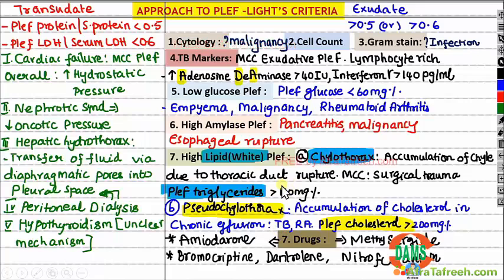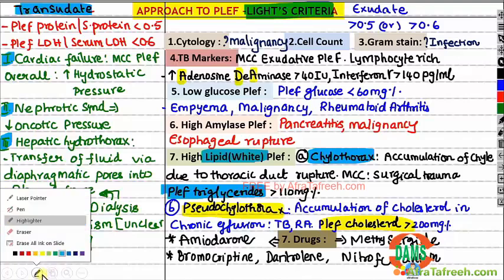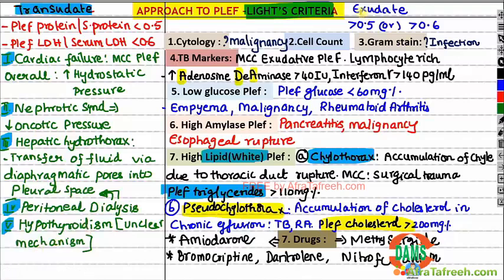So whenever they give you any pleural fluid analysis, first with the help of Light's criteria, students, you must be able to know, are you dealing with transudative pleural effusion or exudative pleural effusion? Now if it is transudative, you have to look for any possibility of heart disease, kidney disease, liver disease, a procedure called peritoneal dialysis, or any thyroid disease. Whereas if at all it comes out to be exudate, life becomes very hard.